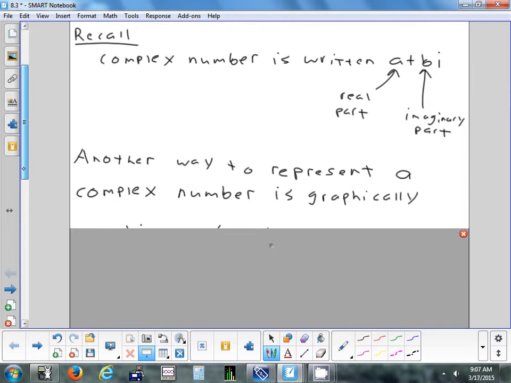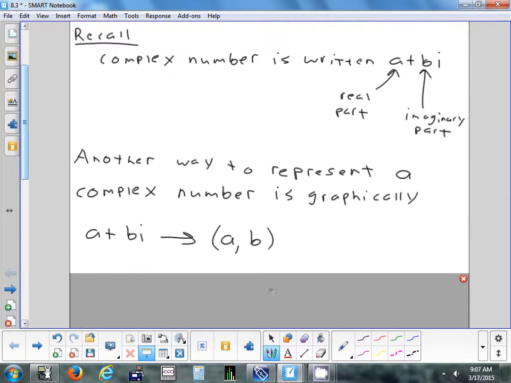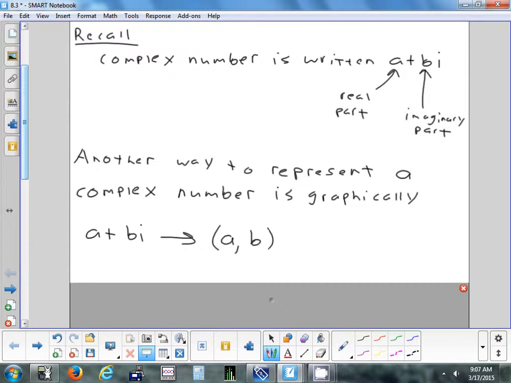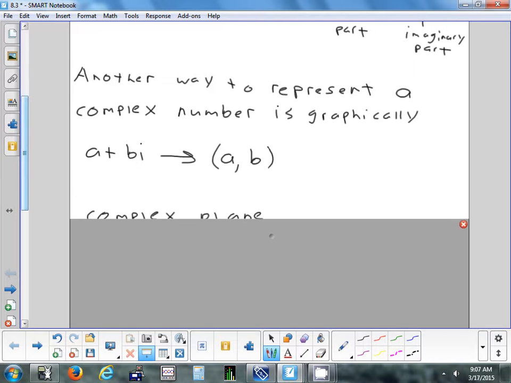Okay, another way we can represent a complex number is graphically. And the way you can think of it is almost think of the A and B as a coordinate. Where A is basically going to represent movement on the horizontal axis, and B is going to represent movement on the vertical axis. Okay, we don't call them generally the X and the Y when we're graphing complex numbers.